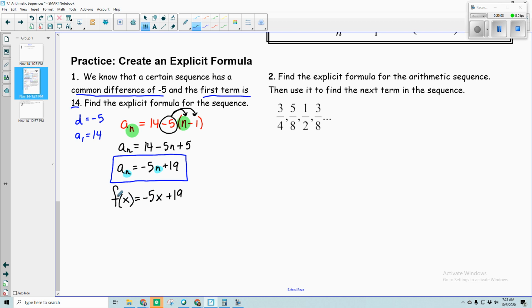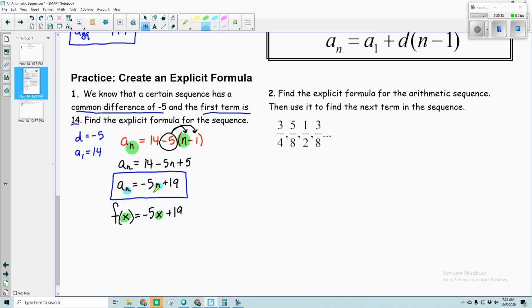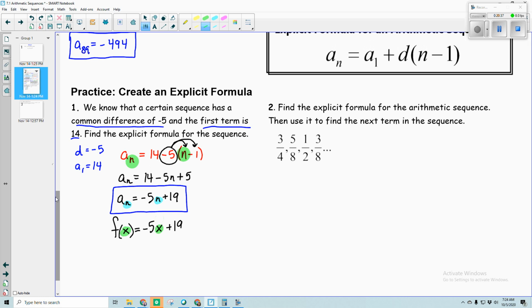This would be a function, just like this explicit formula is a function. So when we need to use this function, we could plug something in for x and find a spot on this line. We could put an input in and see what the output would be. Similarly here, we could put an input in for n and get an output. So think about it as being similar to a function.